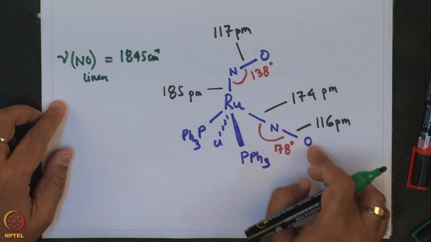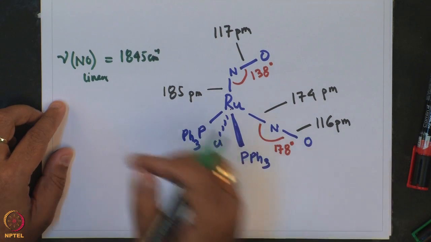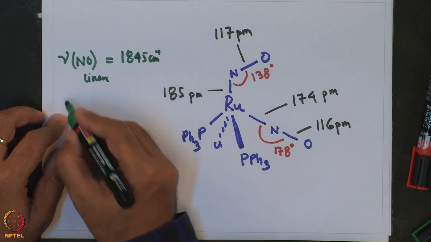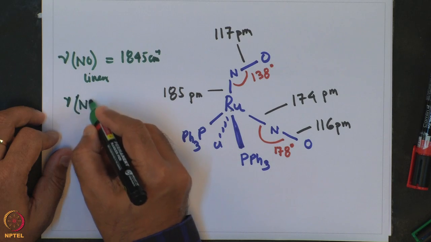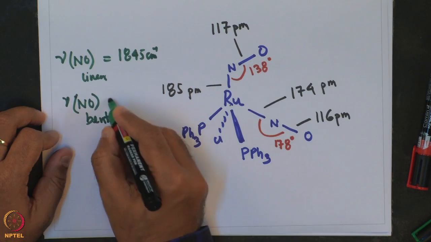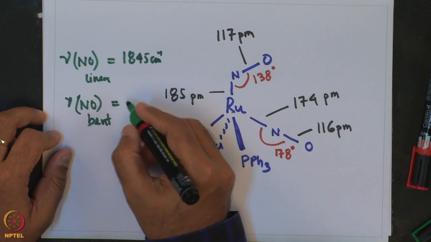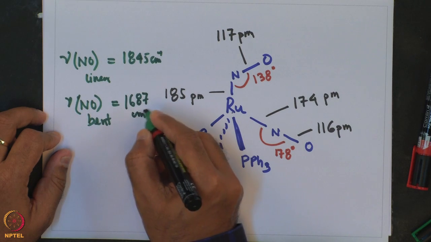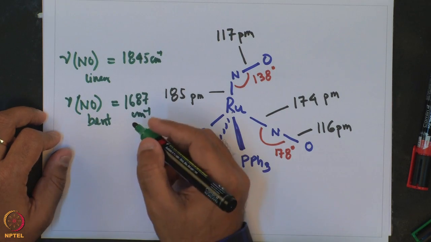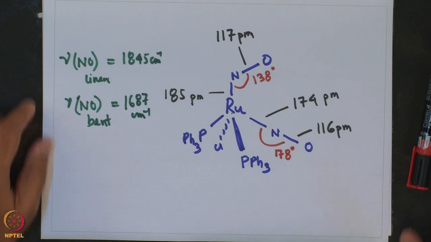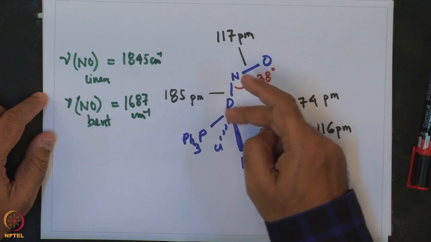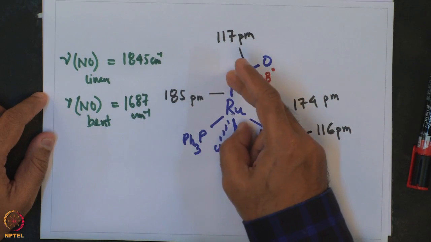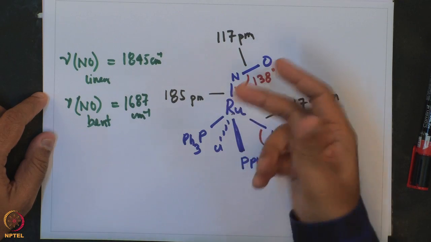So, this stretching is 1845 centimeter inverse, whereas nu NO bent is 1687 centimeter inverse. So, one can really see in this case as well that the bent one is of a longer bond length, 1 electron donor, and hence a weaker bond.